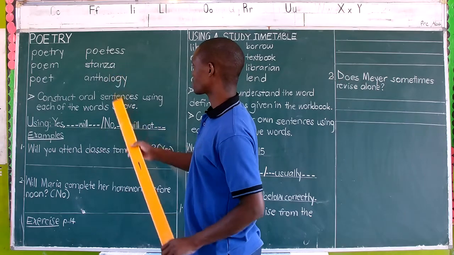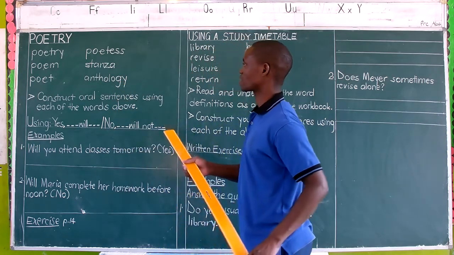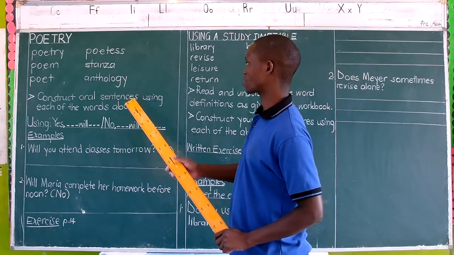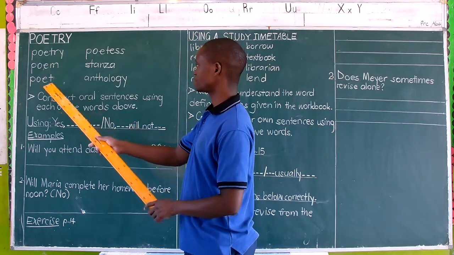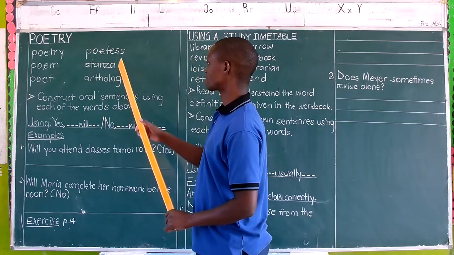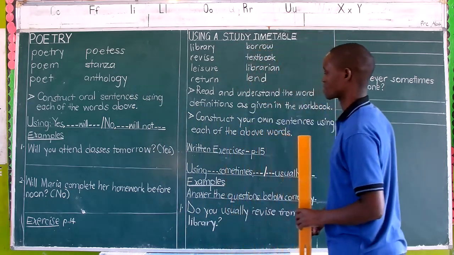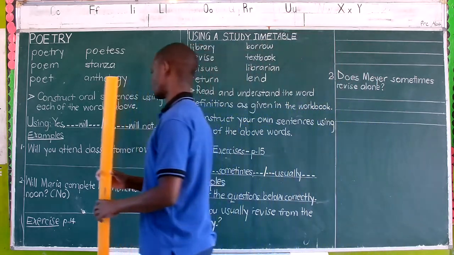Then stanza plus the last word, which is anthology. Let's go through the list once again before we talk about other things. Poetry, poem, poet, poetess, stanza, anthology. That's our list of new words in this lesson.